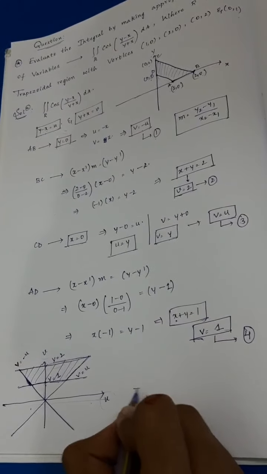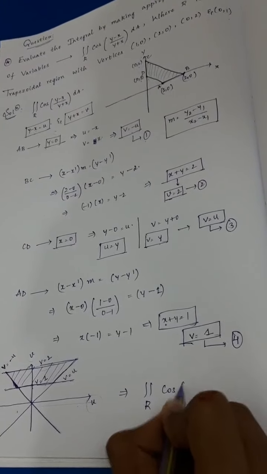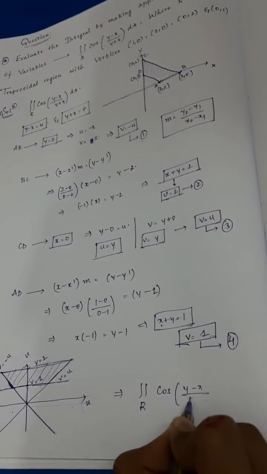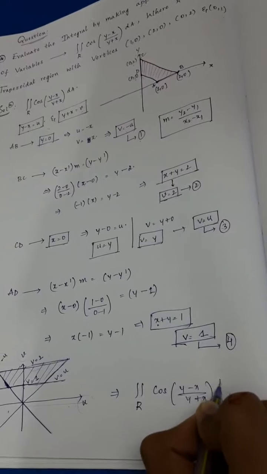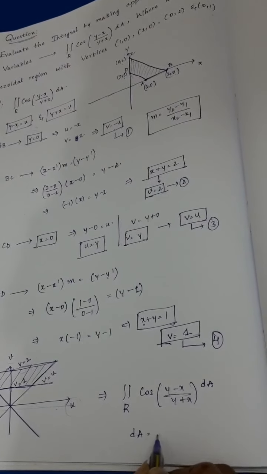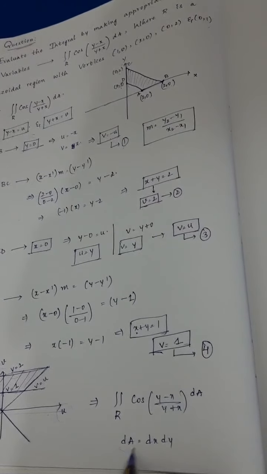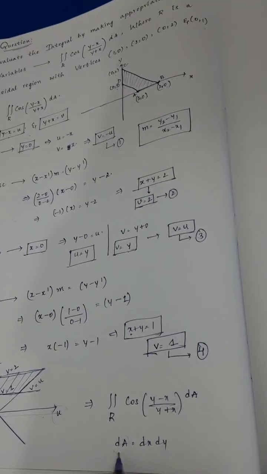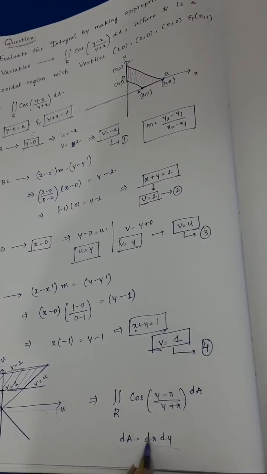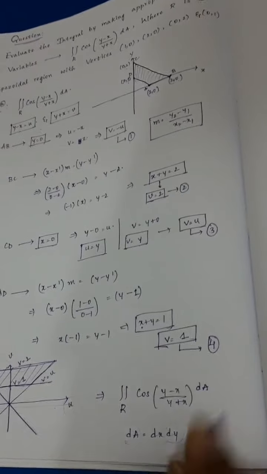So here, the given question is the double integral of cos of (y minus x) by (y plus x) times dA. dA can be said like dx into dy. Area is a two-dimensional thing. So here x and y are the two dimensions which are multiplied to find the area.